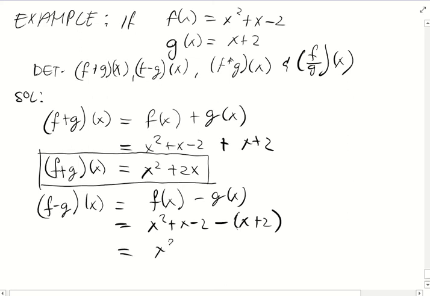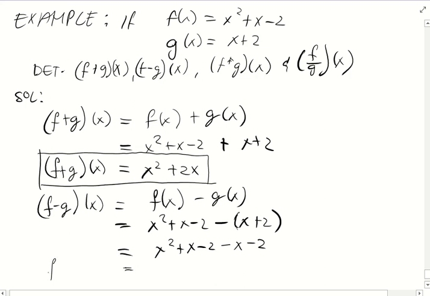So here, this will be x squared plus x minus 2. If you remove the quantity, then change all the signs inside that quantity if it's preceded with a negative. So this will be negative x, then minus 2. So distribute the negative. Then simplify further.